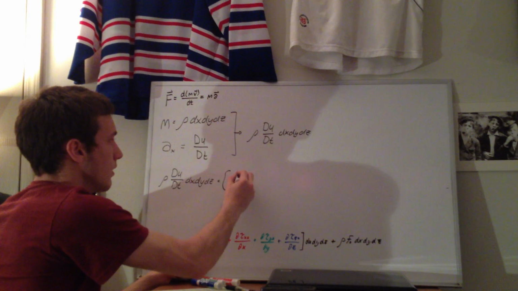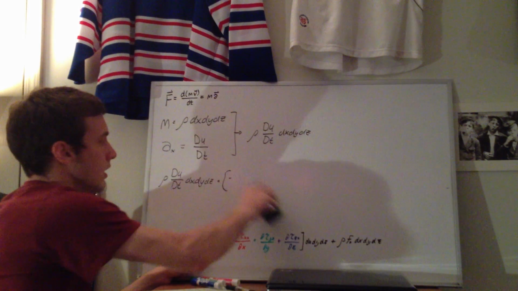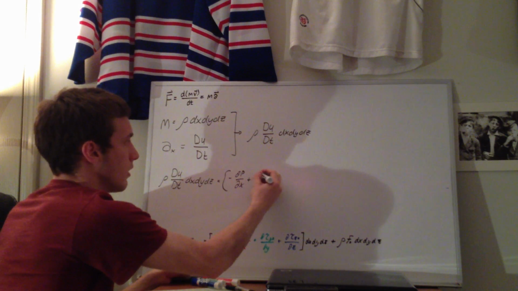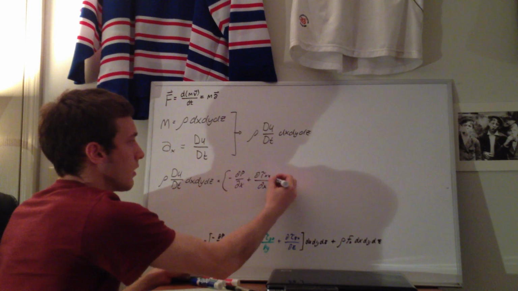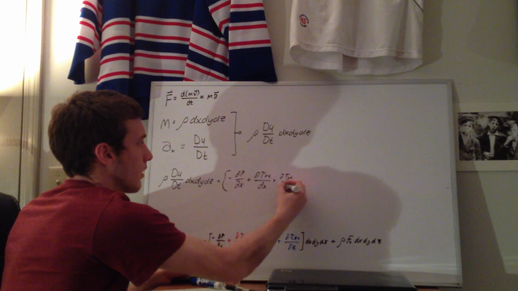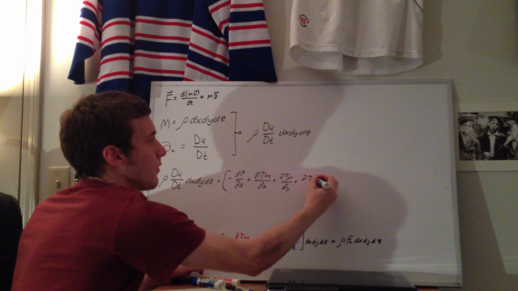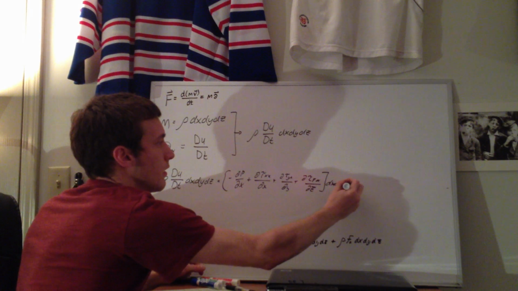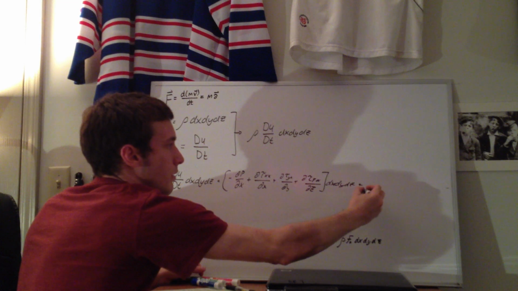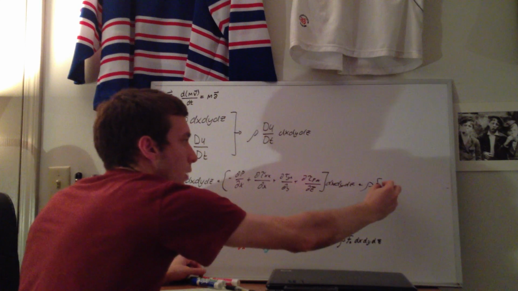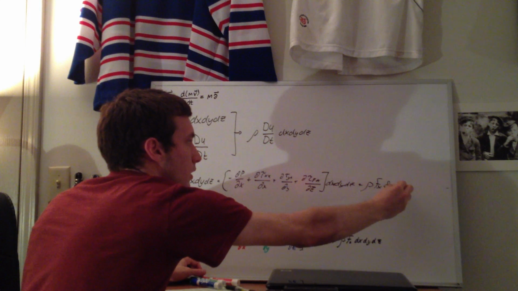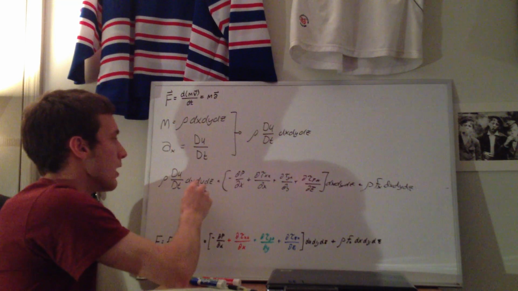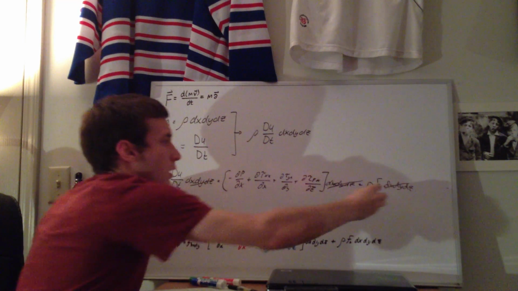So we have this negative partial dp dx plus partial d tau xx dx plus d tau yx dy plus d tau zx dz, times dx dy dz, plus the body force, which also has dx dy dz. You can see where this is going. We can divide through by the dx dy dz term.